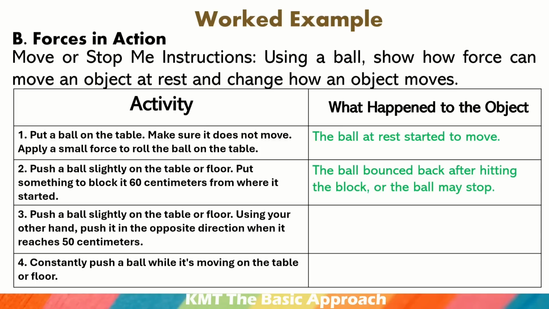Activity number 3. Push a ball slightly on the table or floor. Using your other hand, push it in the opposite direction when it reaches 50 centimeters. What happened to the object? Great! The moving ball moves in the opposite direction.